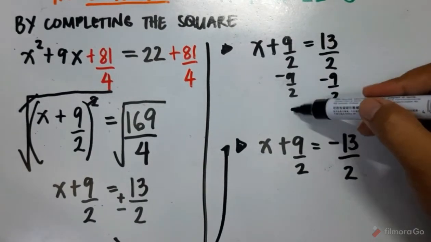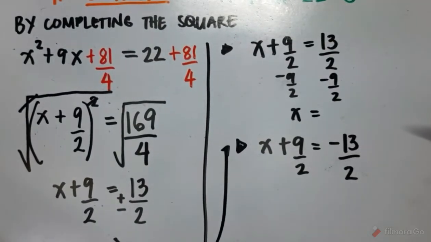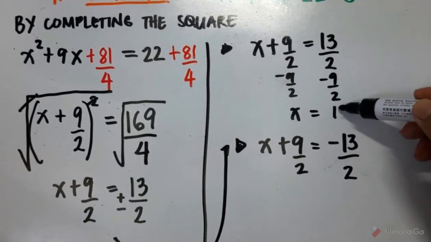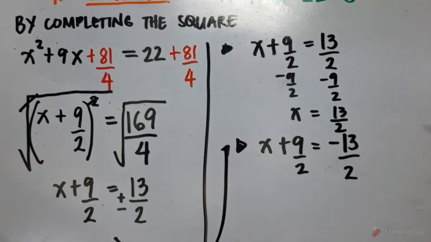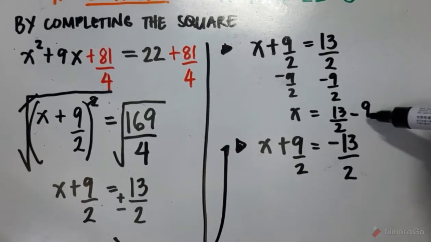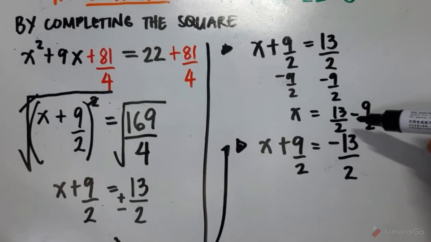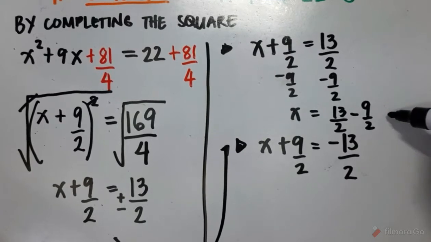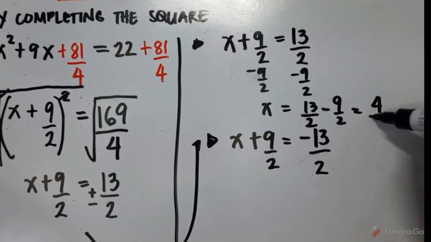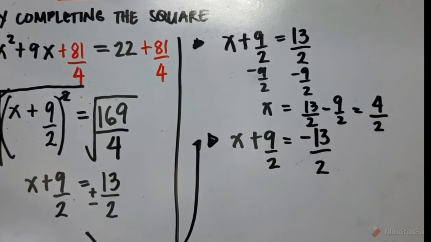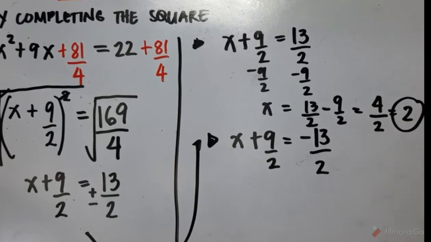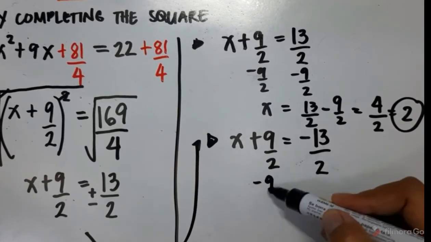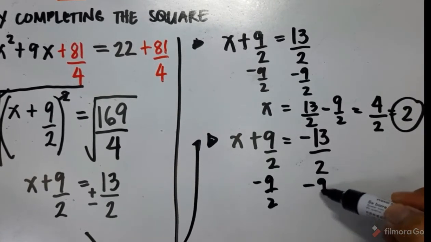So x is equal to 13 halves minus 9 halves. 13 minus 9 is equal to 4 over 2. The answer is 2. And here we have minus 9 halves on both sides.